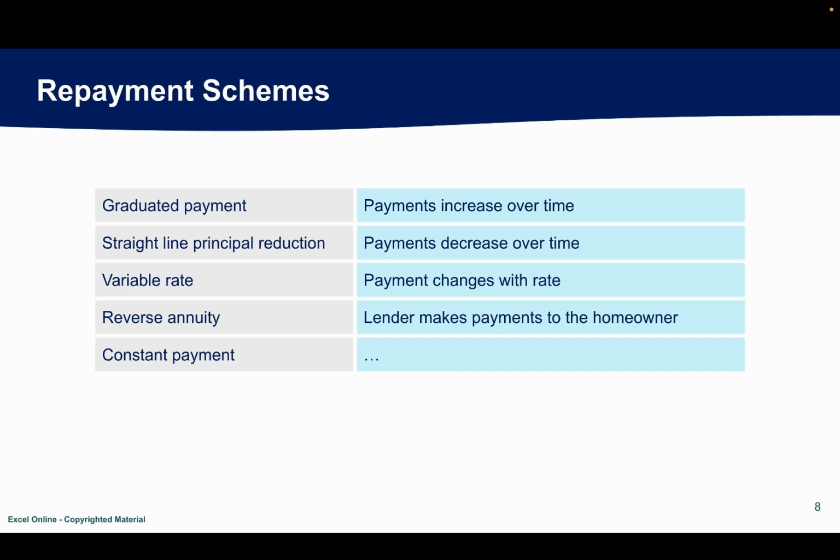Now, what about mortgages? As mentioned in the last video, mortgages are unique and can have different payment methods. The first payment method is called the graduated payment mortgage, where the payments get bigger over time. For example, say you graduated from medical school, and now you're doing your residence.